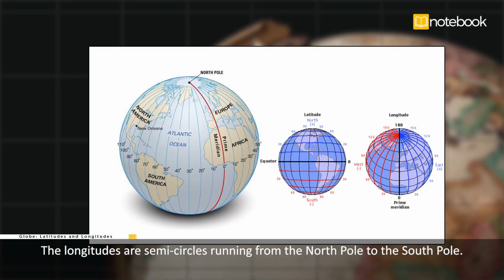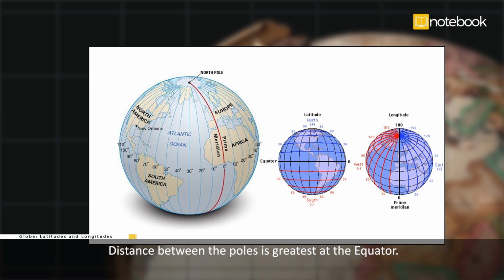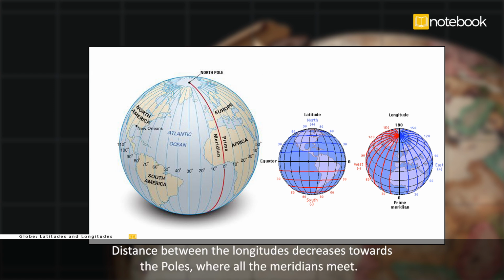The longitudes are semicircles running from the North Pole to the South Pole. Distance between the longitudes is greatest at the equator. Distance between the longitudes decreases towards the poles, where all the meridians meet.